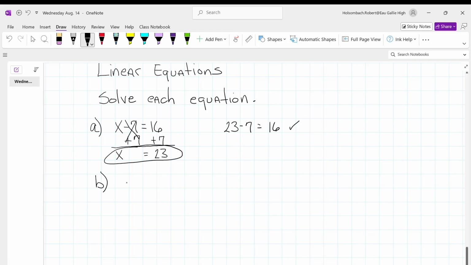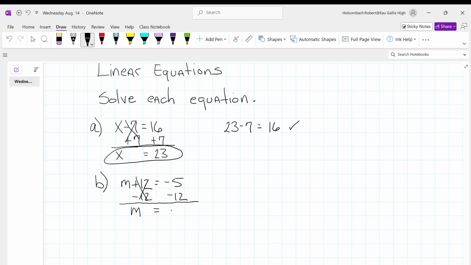Example B, we've got m plus 12 equal to negative 5. In this case, the variable has 12 being added to it. So we're going to subtract 12 from each side. The m falls down, the 12's cancel, the equal sign falls down, and then in your calculator, it's just negative 5 minus 12.